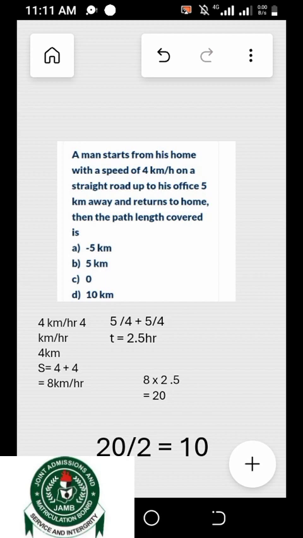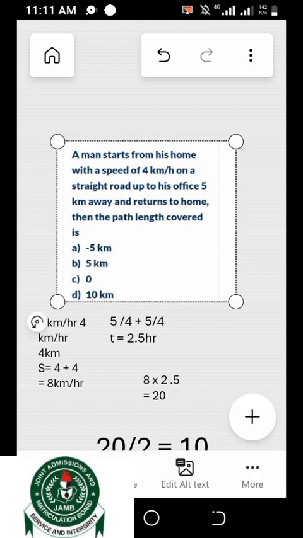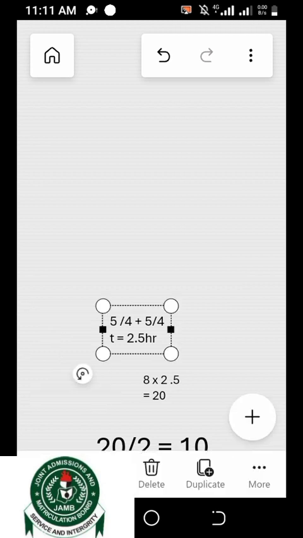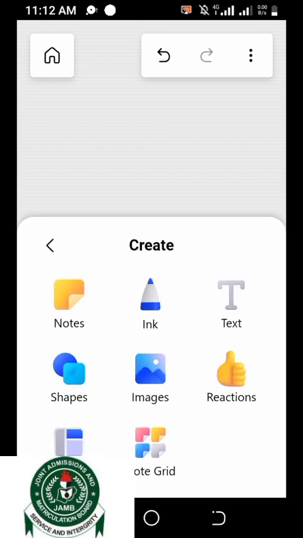So the answer is 10 kilometers. So take note. I hope we understand this. So let's just take one more question.